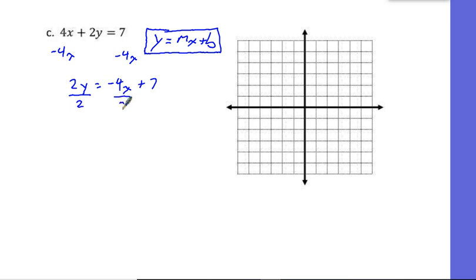Continuing to solve for y, we'll divide every term by 2. And now y is by itself because 2 divided by 2 is 1. Equals negative 4 divided by 2, or negative 2x, plus 7 divided by 2. And we can leave that as 7 halves, which we know, or could figure out, is 3.5.